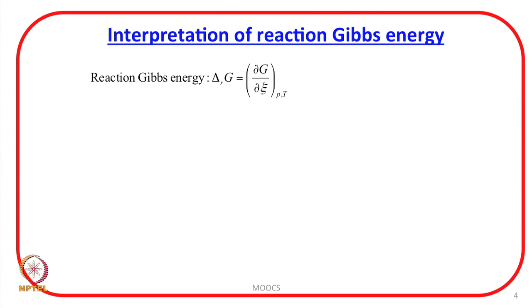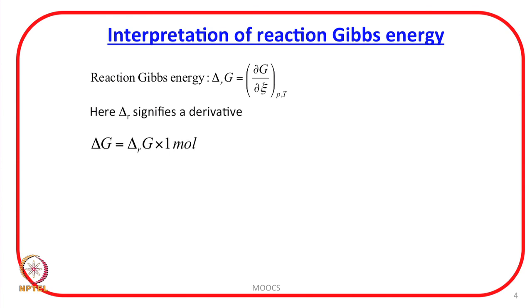We have discussed that the reaction Gibbs energy is written as delta R G, which is the slope of the plot of total Gibbs energy versus the extent of reaction. In this context, delta R signifies a derivative, that is, we are talking about the slope.